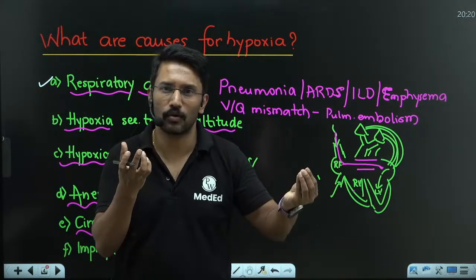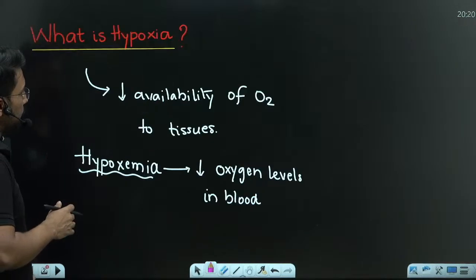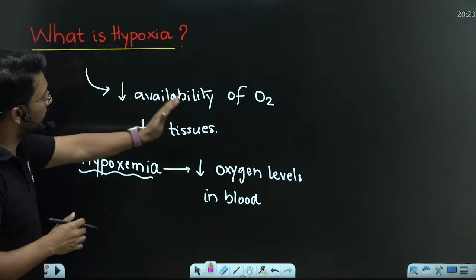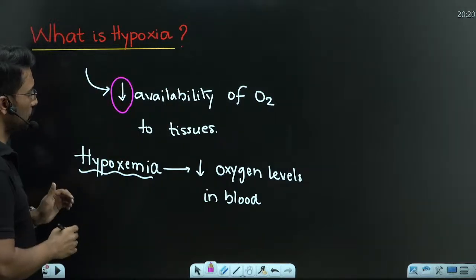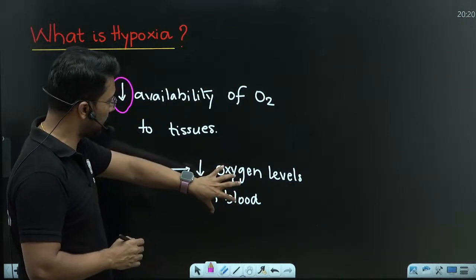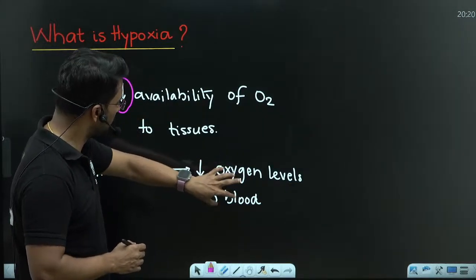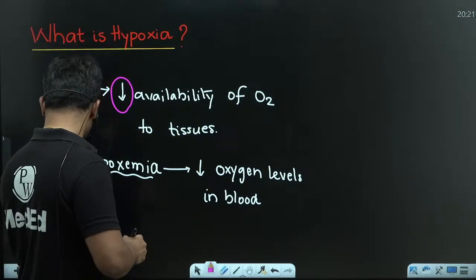So I have hypoxia. How did we define hypoxia? We defined hypoxia as decreased availability of oxygen to tissues, right? Hypoxemia is decreased oxygen levels in the blood. But sometimes, despite having normal oxygen levels in the blood, if I don't give the blood to tissues, there is decreased availability of oxygen to the tissues.